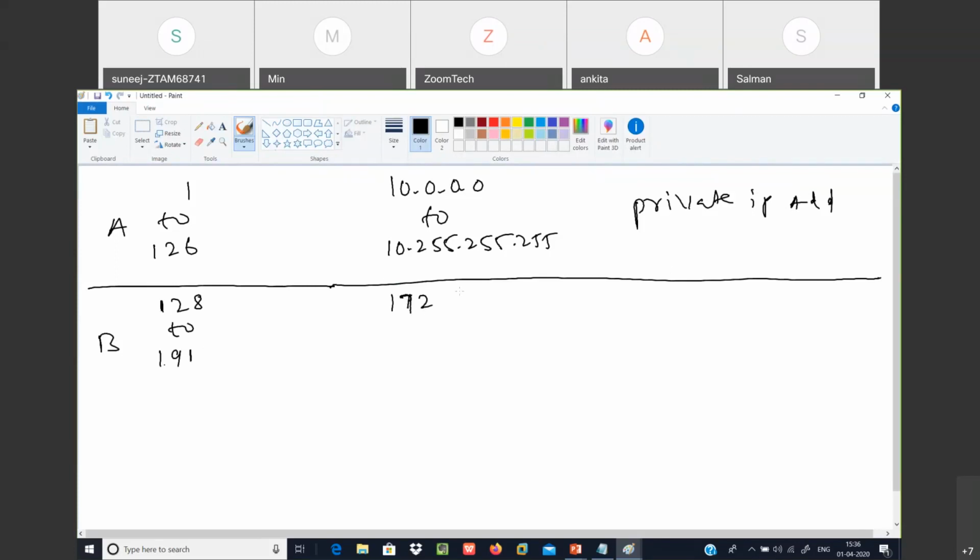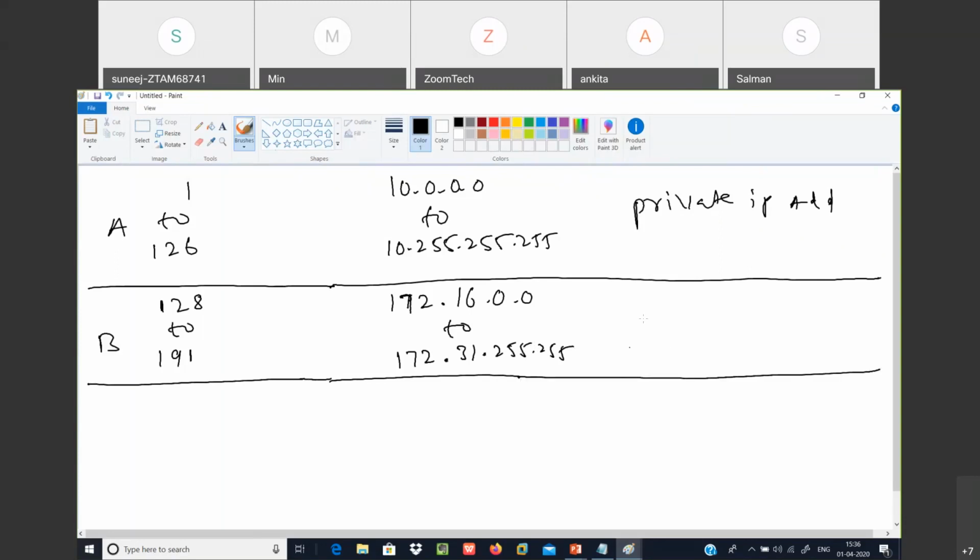From 172.16.0.0 to 172.31.255.255 is the Class B private IP address range.